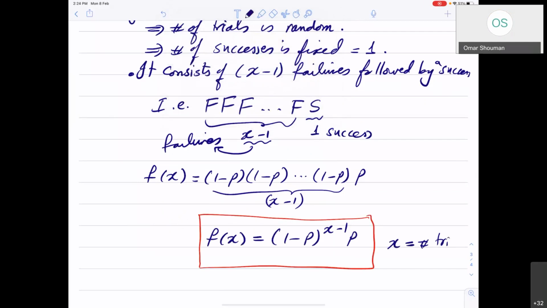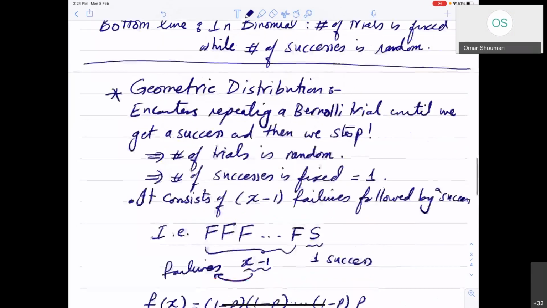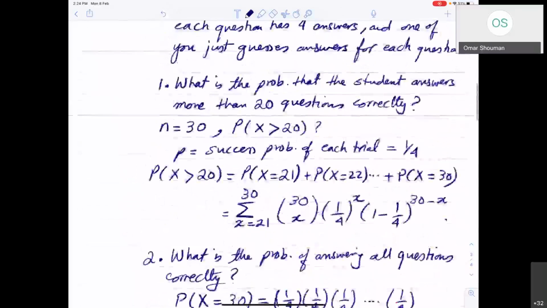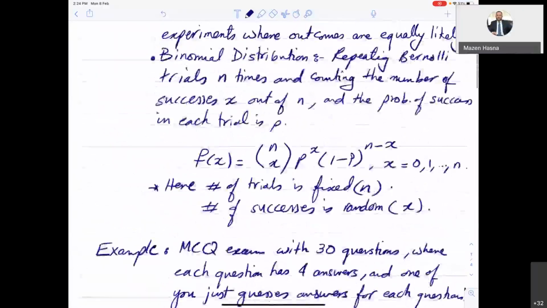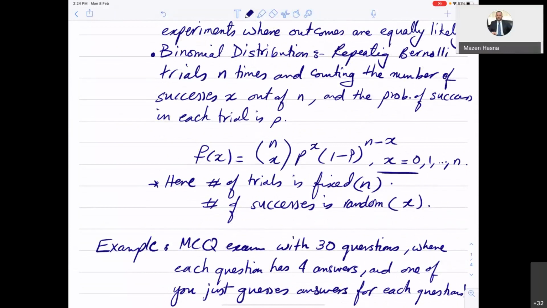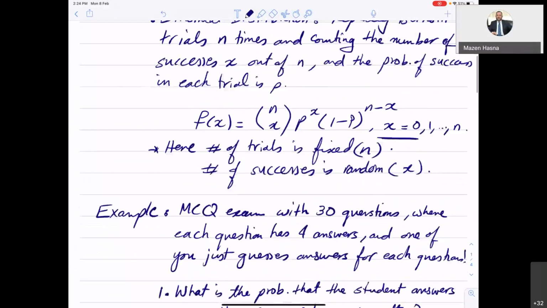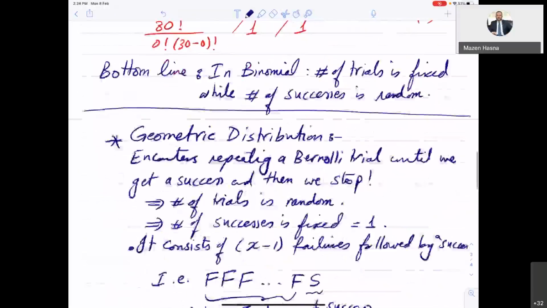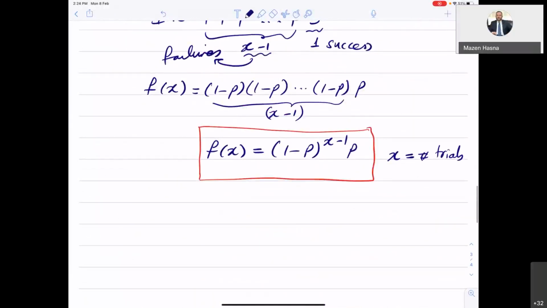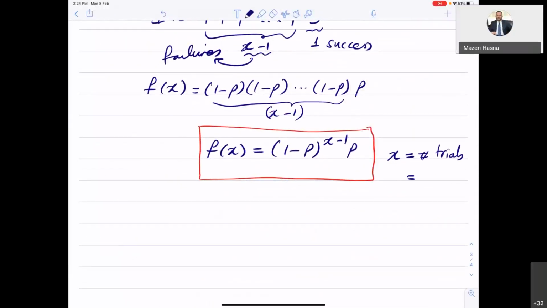From 1 to infinity. So x cannot be 0. Remember, in the binomial, x can be 0 because x in the binomial reflects the number of successes, and in principle, you can have 0 successes, right? But here, x is the number of trials. So at least you need 1 trial to get a success, or 2 trials, or 3 trials, all the way to infinity.